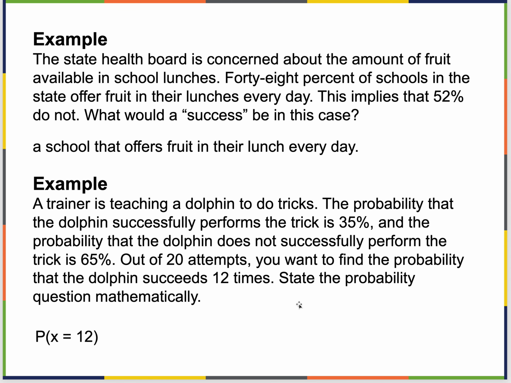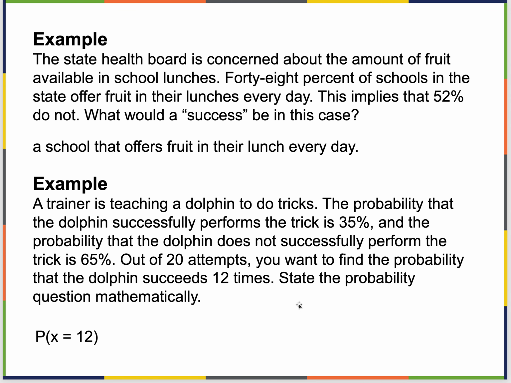The probability that they do not is 1 minus that, which is 52%. I'm interested that they serve fruit because I'm so ridiculously health conscious. So I'm going to say my probability p of success is 0.48. What would success be in this case? We just decided that: a school that offers fruit in their lunch every day.